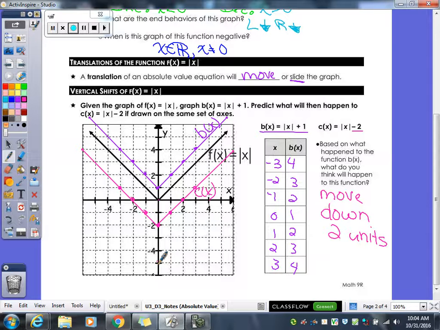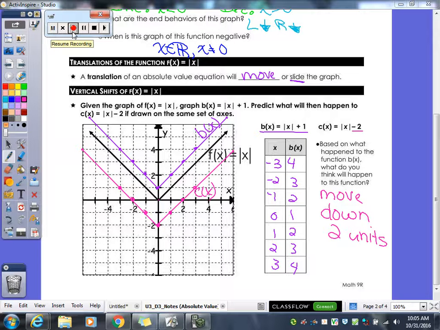And I'll label that graph as c of x. So again, if you're not going to use the table, you're just going to go with the whole transformation things. You just have to write down what are the transformations that are happening. This one's moving down 2 units. That's my work shown. A little bit? That's good.